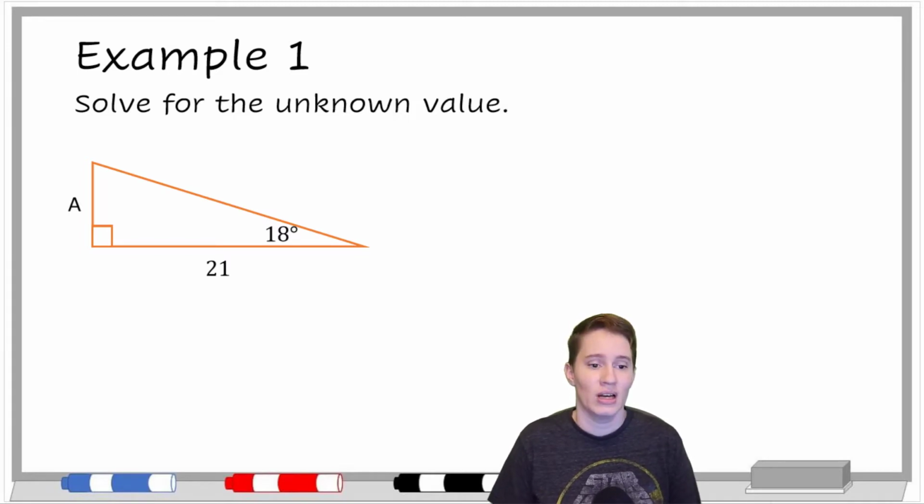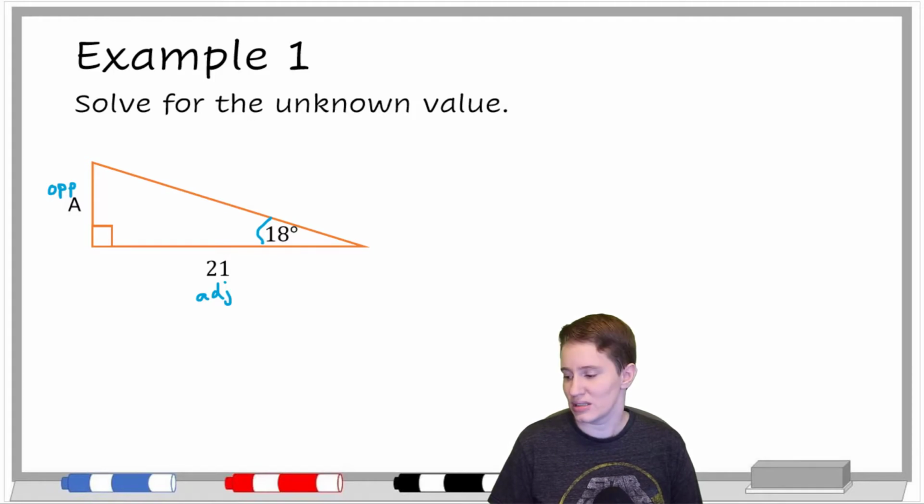So here we go. We look at where our angle is, right over here, and then we say, okay, what sides are being talked about? So this A over here, this is the opposite side. And this 21 down at the bottom, that's the adjacent side. And then we say, okay, which trig function goes with opposite and adjacent? The correct answer, tangent.